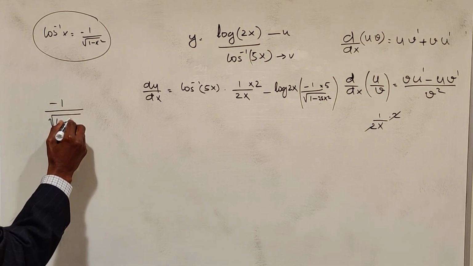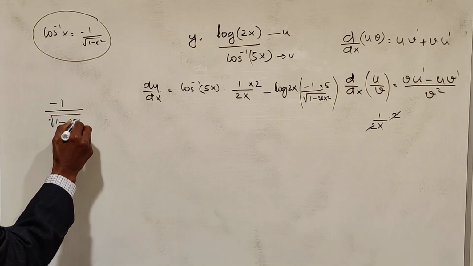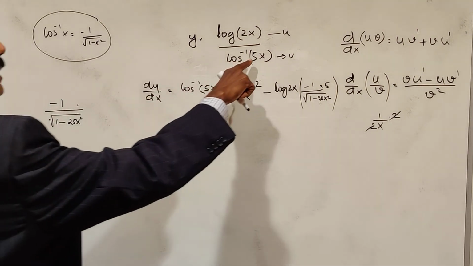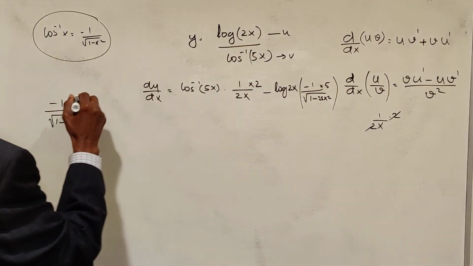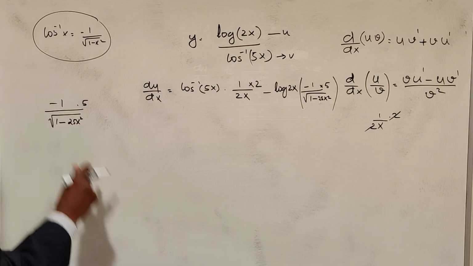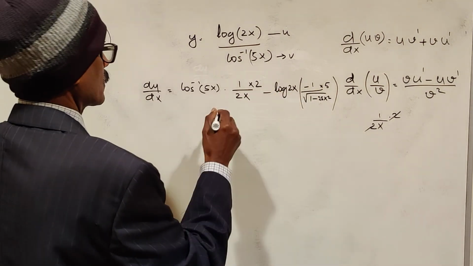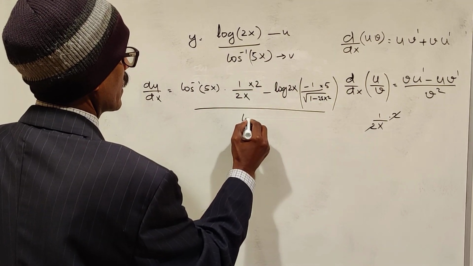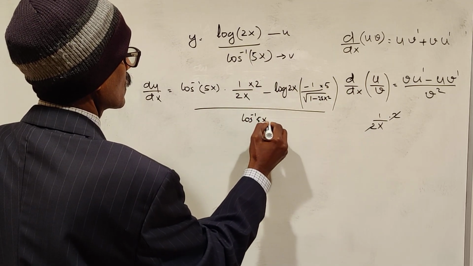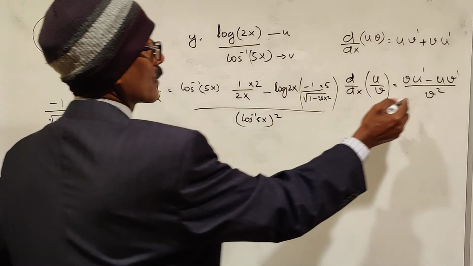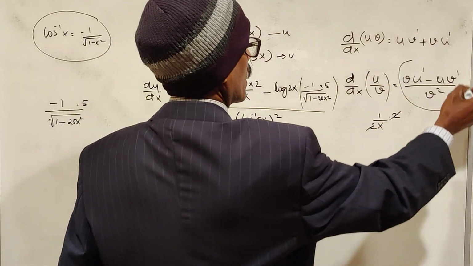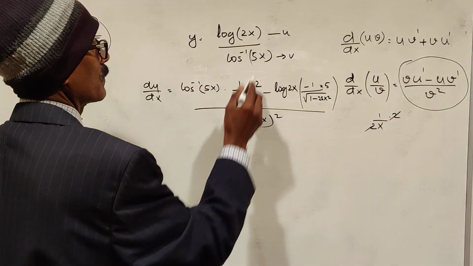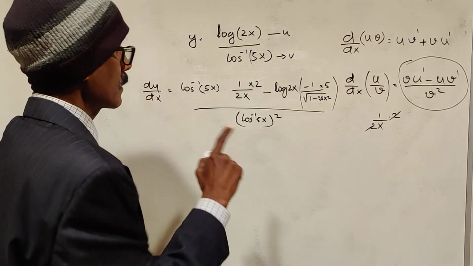Here 5x the whole square, that is 25x square, into derivative of u, that is 5. So divided by cos inverse 5x the whole square. Where did you get that? Because of v square in the formula. Here v is cos inverse 5x, the whole square.